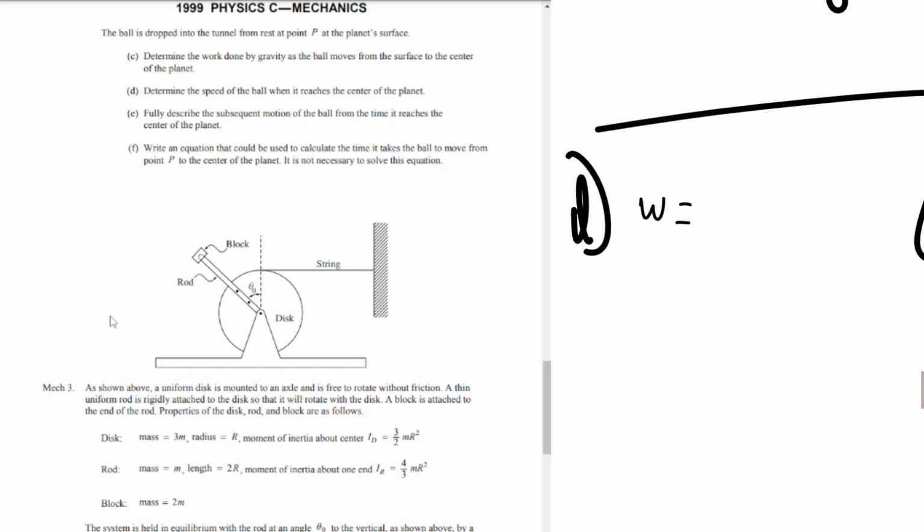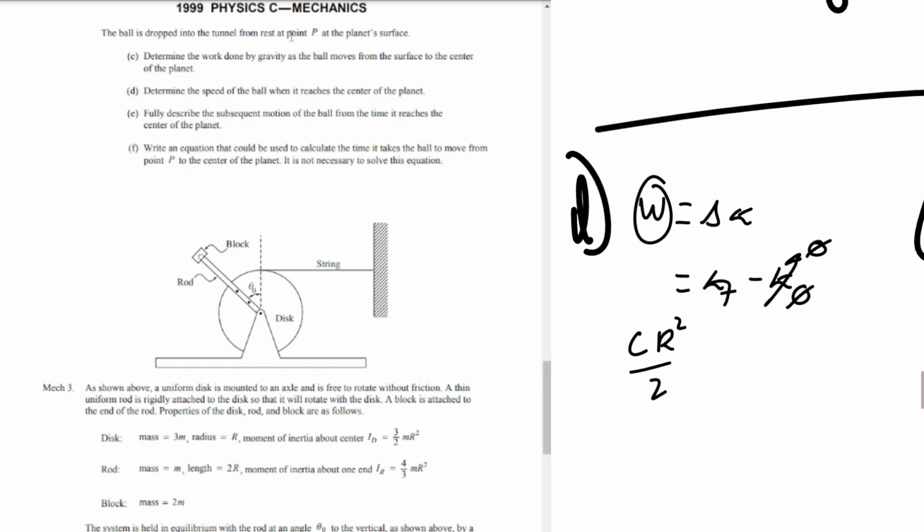So now we're going to think work equals the change in kinetic energy. Well, the change in kinetic energy is K final minus K initial. It says the ball is dropped into the tunnel from rest, so K initial is 0. And we solved for the work earlier, so we're going to write CR squared over 2 equals 1/2 the mass of the ball times the final velocity squared.